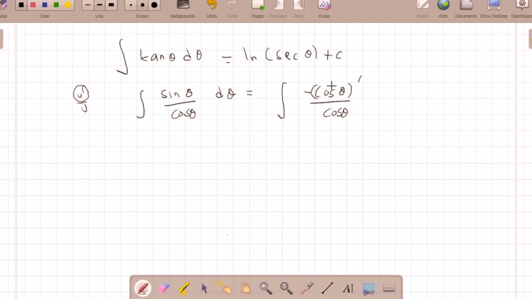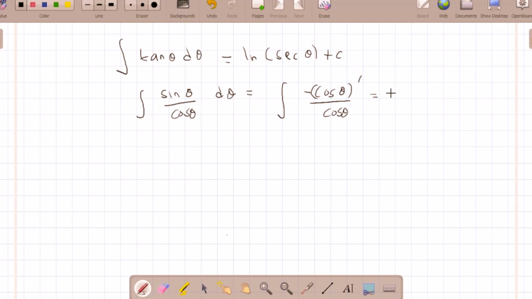If you differentiate cosine of theta, you'll get minus sine theta. Minus sine theta times the minus that is here, you get back to the original function. And then now we know that when we have u prime over u and we want to take the integral, the integral of u prime over u is natural log of u. So that is simple.